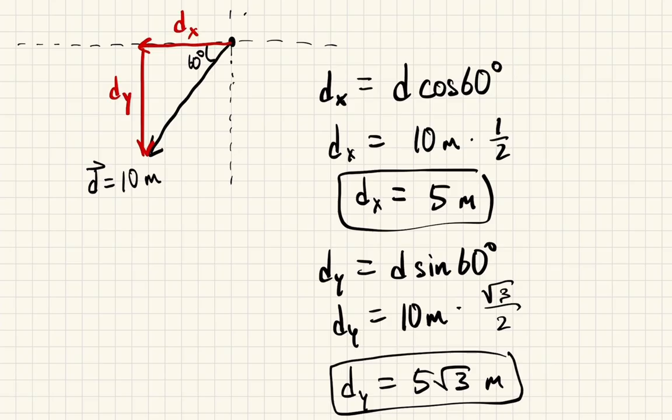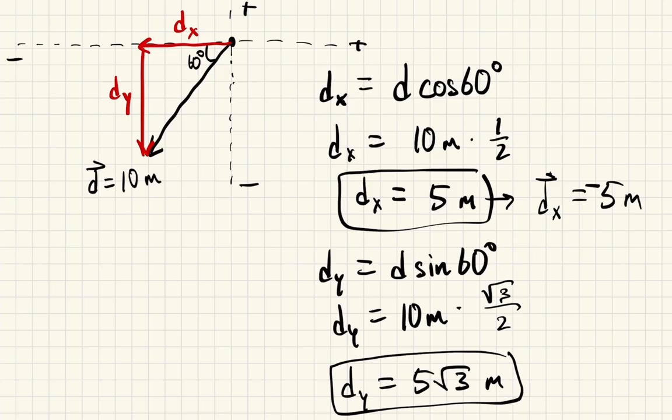Now, this time, okay, and once again, we're going to define left as negative, right as positive, up as positive, down as negative. If we wanted to write these as a vector, okay, we could very simply, for the x direction, since it's going left, we could write 5 meters left, or since left is the negative direction, we could just write this as -5 meters.